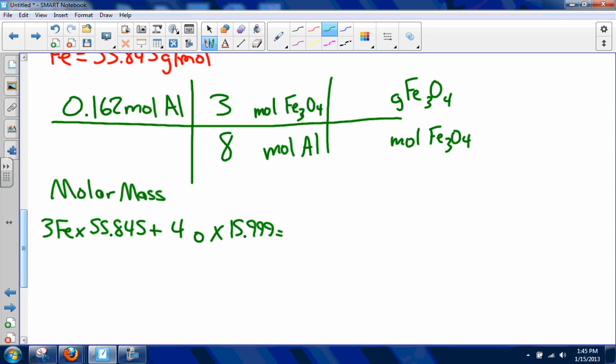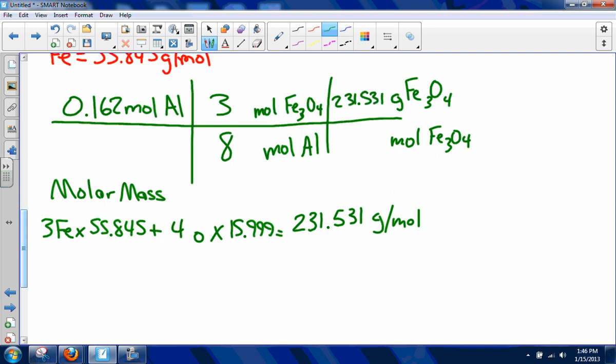All right, 231.531 grams per mole. All right, and it attaches to the grams.